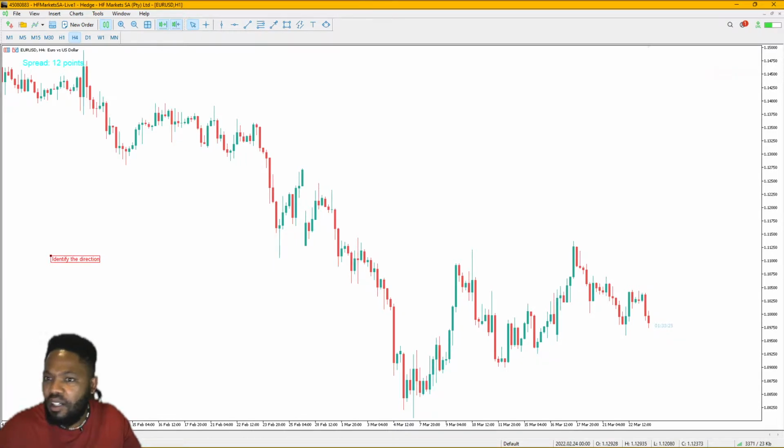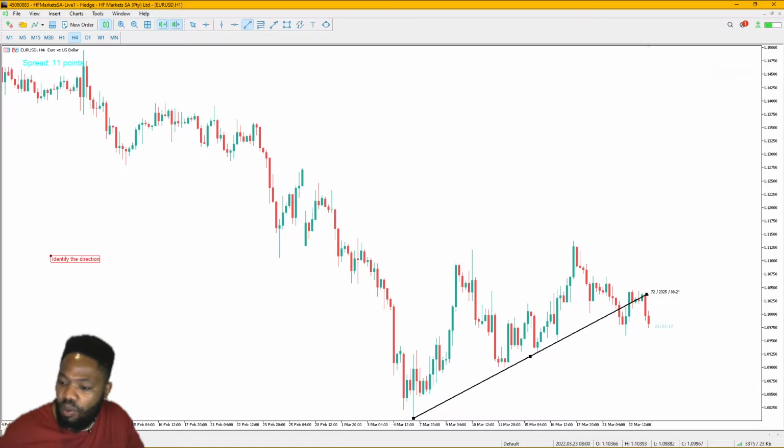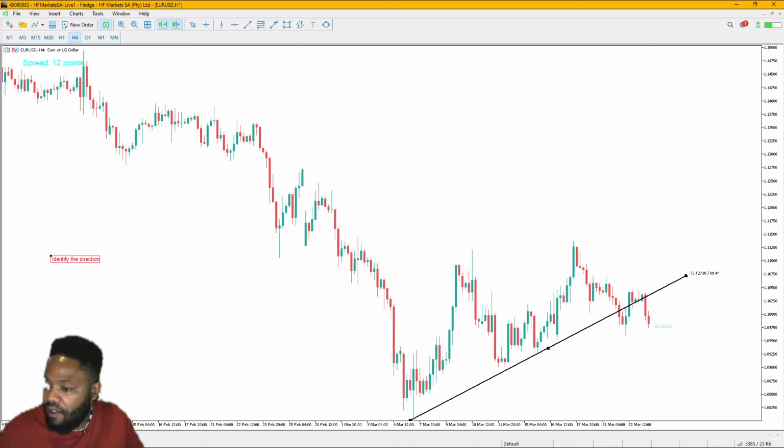So now you can plot your trend lines. Again, the trend lines need to always touch the tips. You don't just put the trend lines in anywhere, but you always have to make sure that they touch the last ends of the wicks, the wick ends.